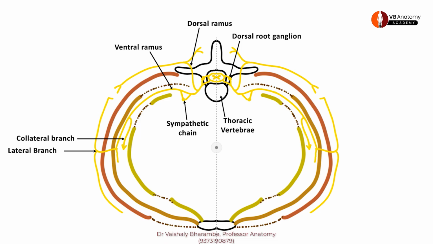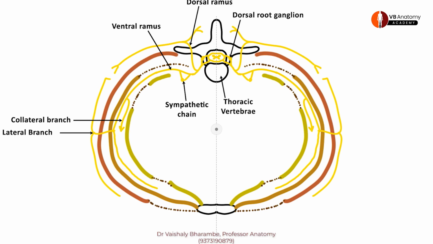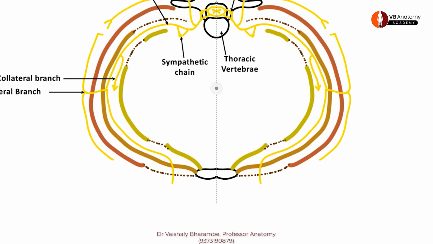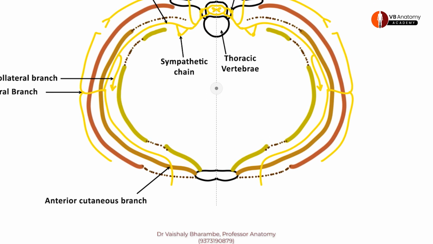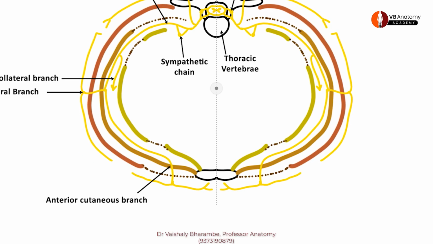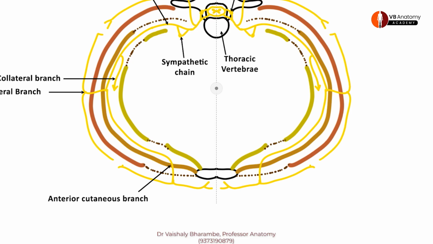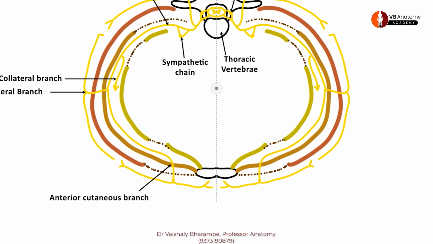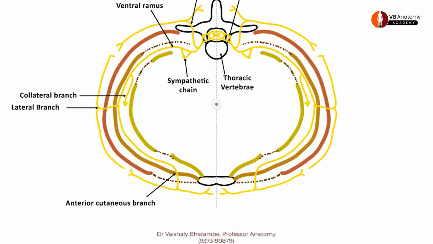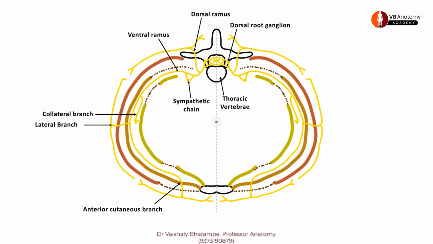The rest of the nerve now continues further till it reaches anteriorly, piercing the muscle here to divide into a medial branch and a laterally directed branch. So this is the diagram of a typical intercostal nerve, which you can see is giving connections to the sympathetic ganglion, a collateral branch, a lateral branch, and finally an anterior branch.